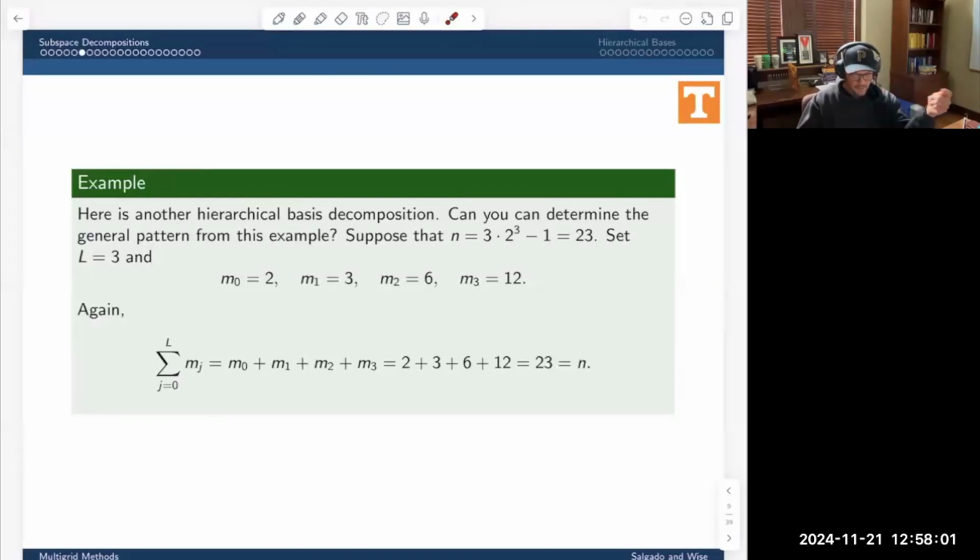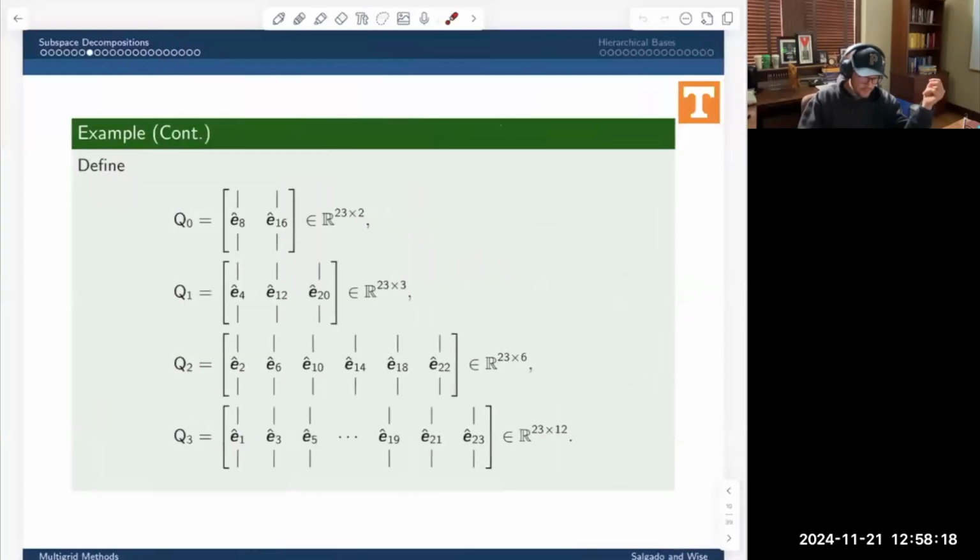Where's the basis aspect for this hierarchical basis decomposition? Well, usually when we see a basis, we're thinking, well, we should be able to write a basis down where the basis elements are of the same size as the dimension of the space. But here you see what we do when we decompose things, we're decomposing based on these matrices. But really the way you should think about it is that these bases are the columns of these matrices.